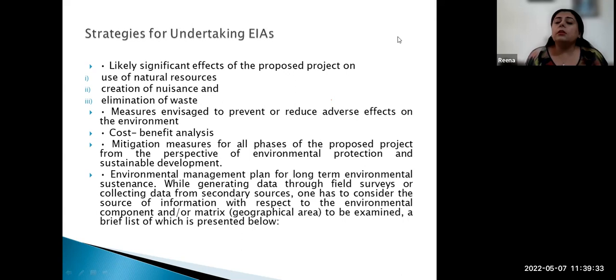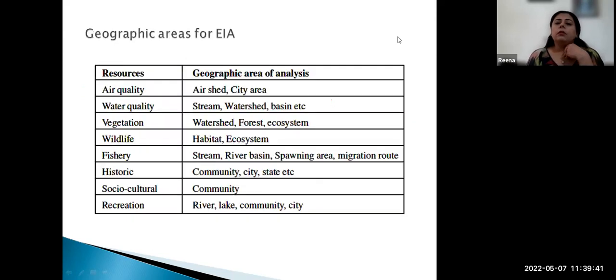So all these things have to be covered, and that's why we need to study the socio-economic aspects of any project location. Again, these resources, air quality, water quality, have a geographic area of analysis.